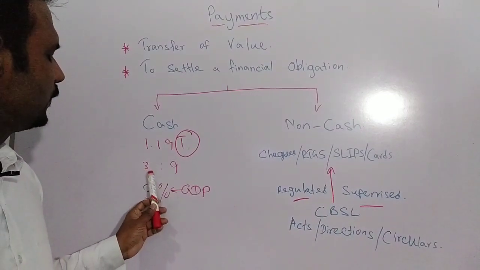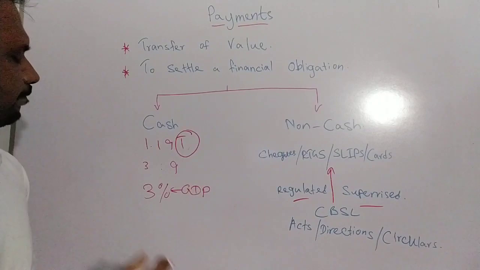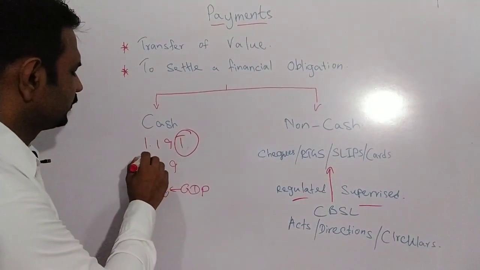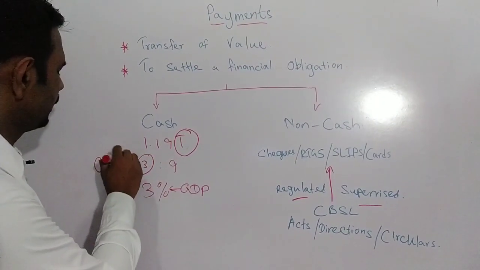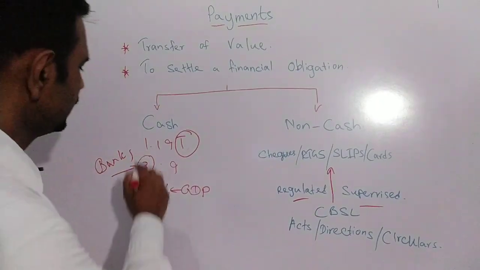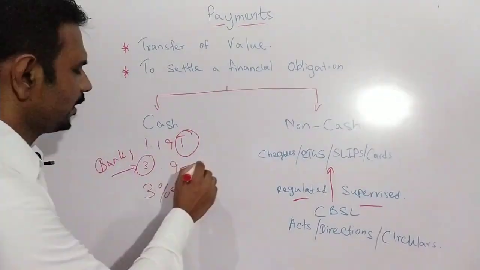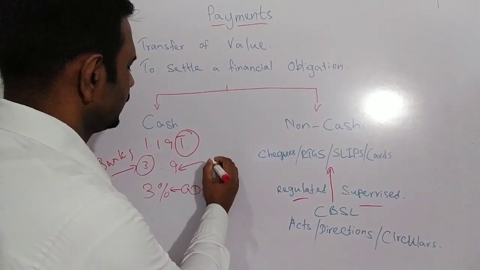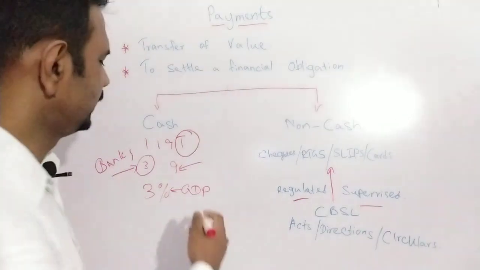Just to give you a little understanding of how much money is in circulation in the society and in the banks: something like 3 parts are in banks, and something like 9 parts are in circulation among you and me.